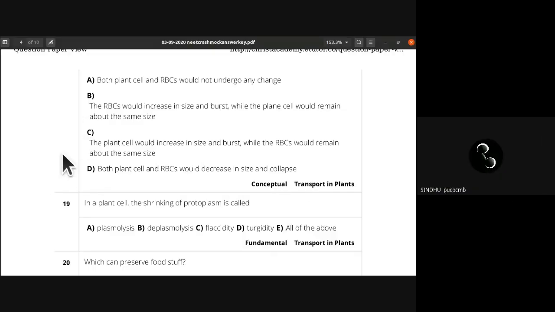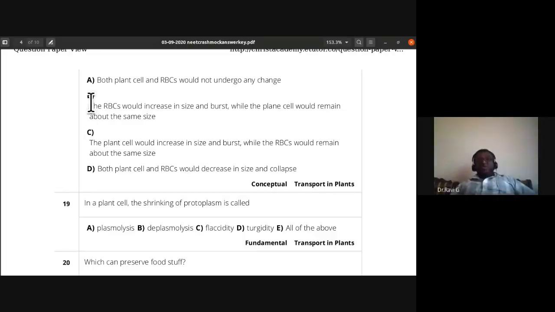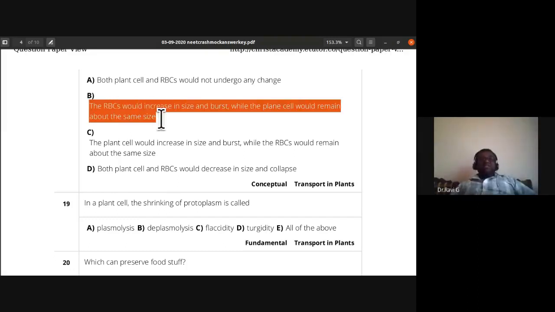See, the answer is option B. The RBCs would increase in size and burst, while the plant cell would remain about the same size. See, the cell wall is helping in the retention. They are very much sturdy. You know that the cell wall is sturdy and maintains the structure of the cell. Even when there is turgidity, the walls are not going to burst open.